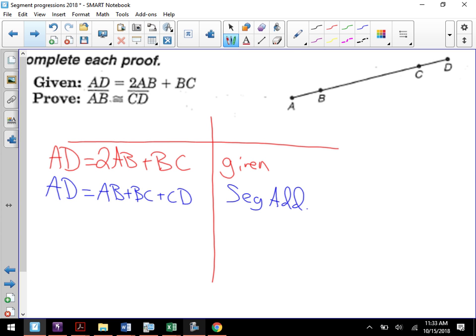When two things that are equal, that equal other things, don't those two things have to equal each other? How about this? Do you see an AD here? Do you see an AD here? Does AD equal AD? You are always yourself, which means, shouldn't those two things have to equal each other? When you put something in for something else, what are you using?